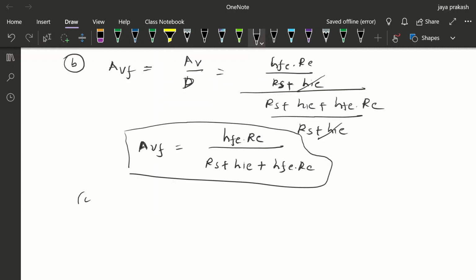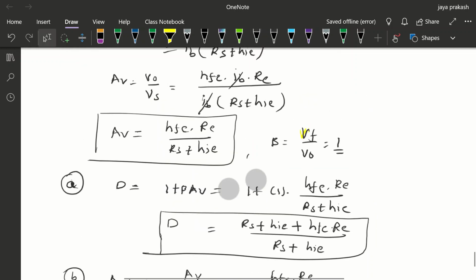And next we have to find out the next characteristic, input impedance with feedback. We already know RIF is equal to RI into D. What is RI? Input impedance of the basic amplifier.